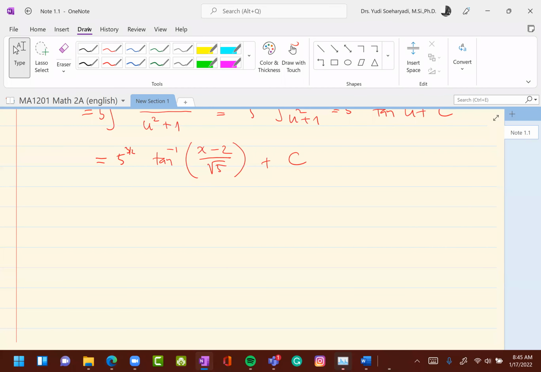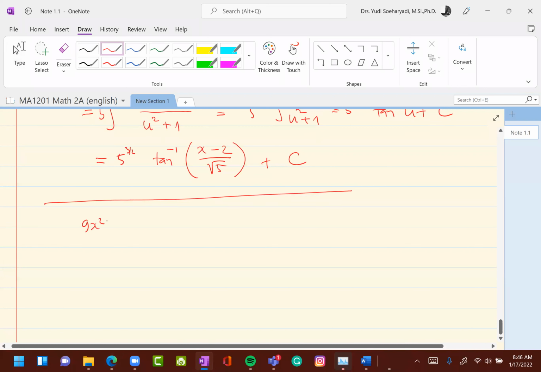Write it down like this, as a multiple of 1 plus u squared.